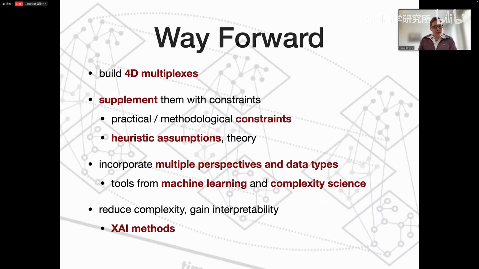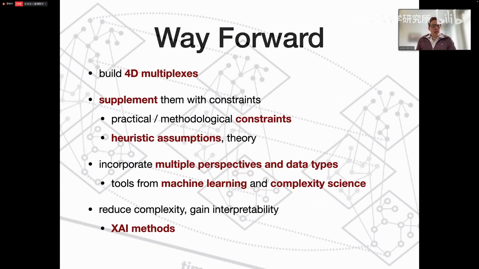In summary, then, I suggest that 4D multiplexes present a chance to make significant headway in psychopathology modeling, and that they can only achieve that when they are supplemented with constraints, on the one hand, from the practical side and based on the methods that we're using, but also, on the other hand, constrained by theoretical assumptions and other heuristic assumptions.